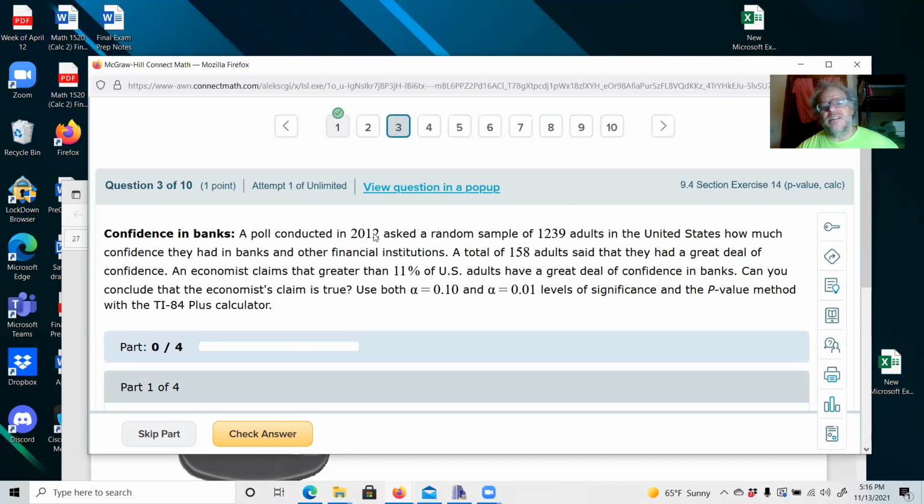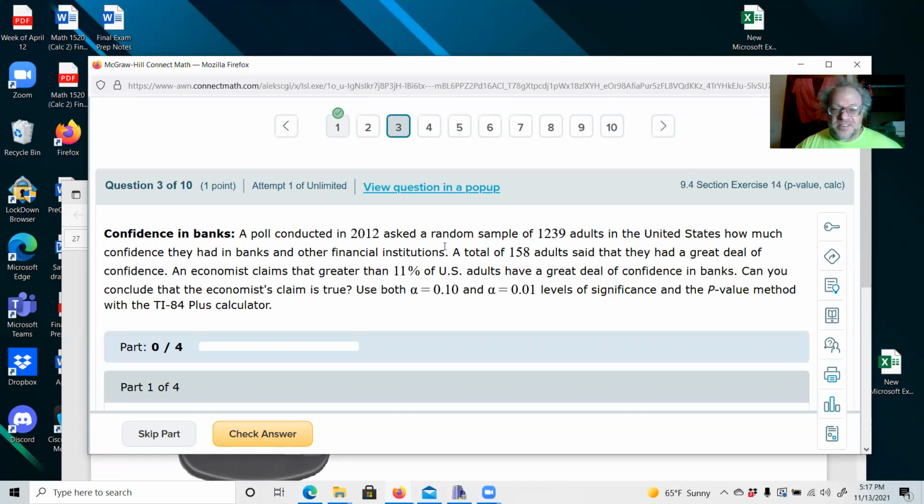Confidence in banks. A poll conducted in 2012 asked a random sample of 1,239 adults in the United States. Our population is 330 odd million, so much less than 5%. They were asked how much confidence they had in the banks and other financial institutions. A total of 158 said that they had a great deal of confidence.